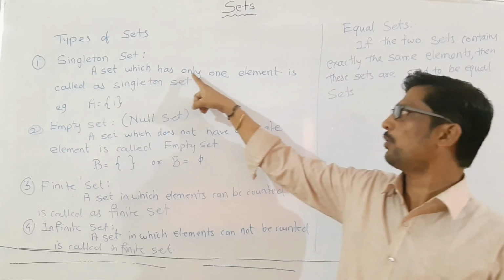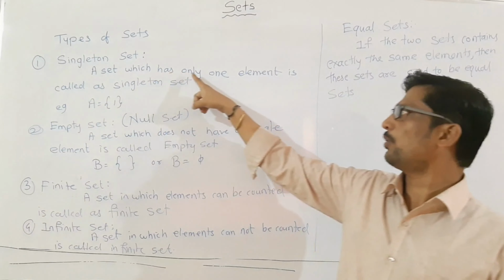Now set A is the set of all a such that a is a natural number smaller than 0. Now we know that natural numbers start from 1. Fine. And he needs a natural number which should be less than 0. So there is no number which is less than 0 and is a natural number. You are getting? So set A is what? Empty set.